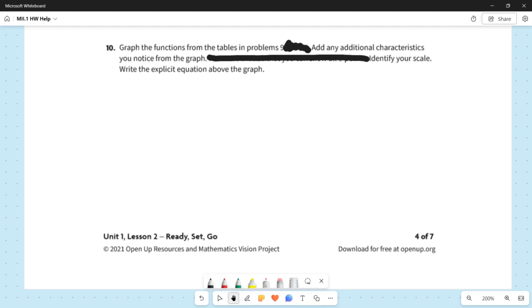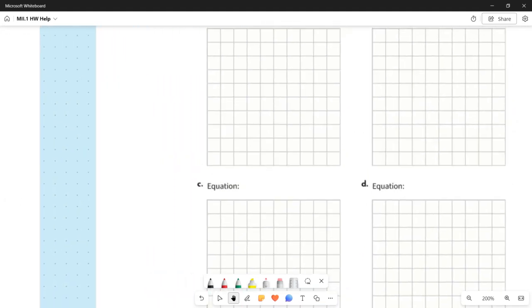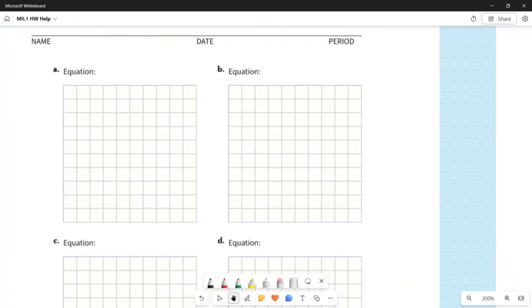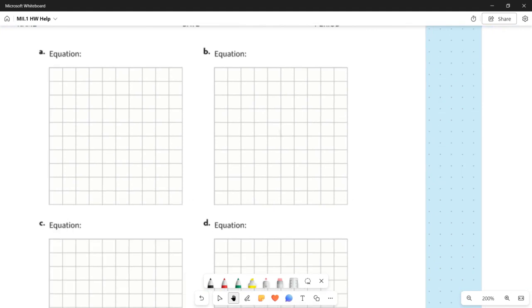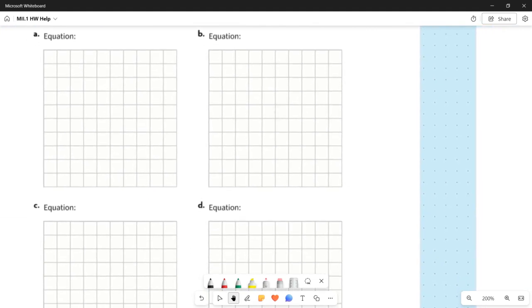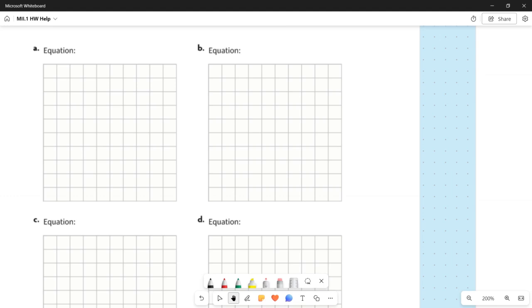All right, so the first assigned problem was B. For part B, the explicit equation was f of x equals x squared.